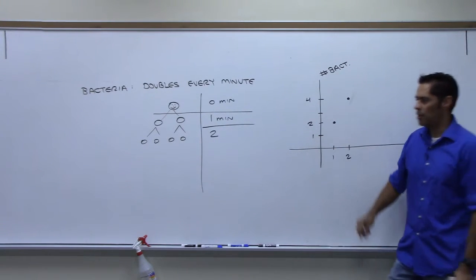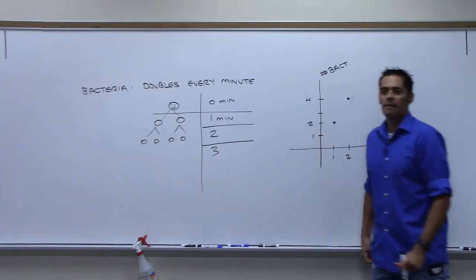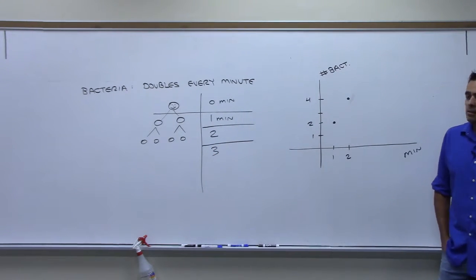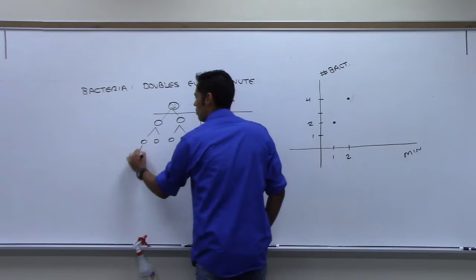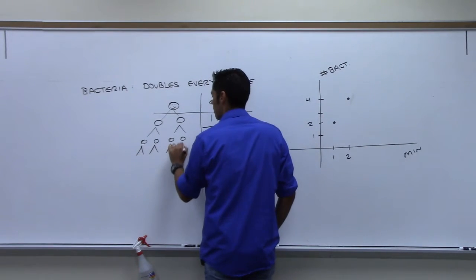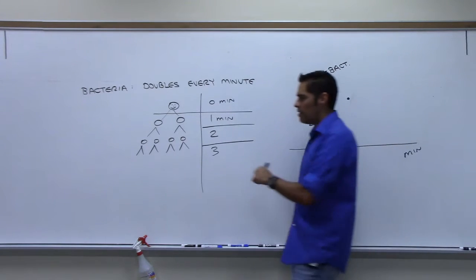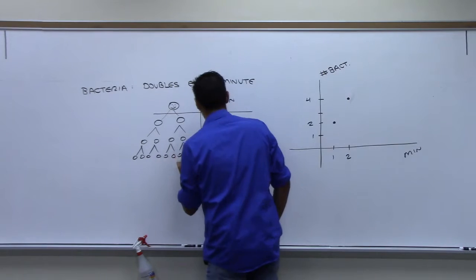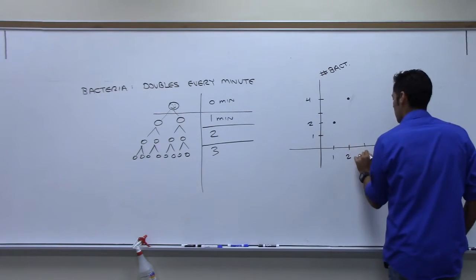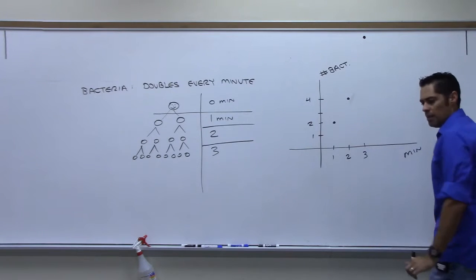Let's try the next one. How many would I have after 3 minutes? Careful here. 8. Not 6, right? We have 2 from here, 2 from here, 2 from here. Each bacteria doubles after 1 minute. So now you're going to have 8 of these guys. If I come out here to 3, I'm way up here at 8. Do you all see that that's not a line?